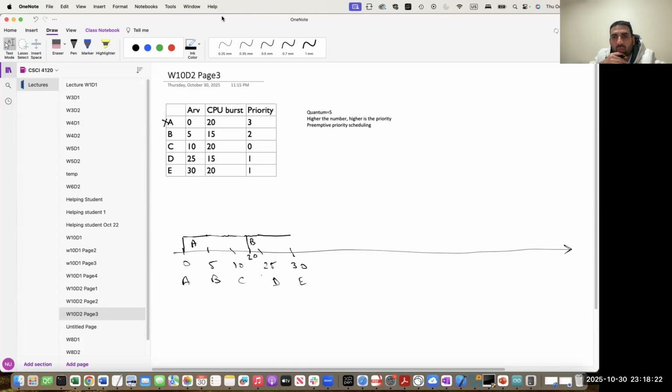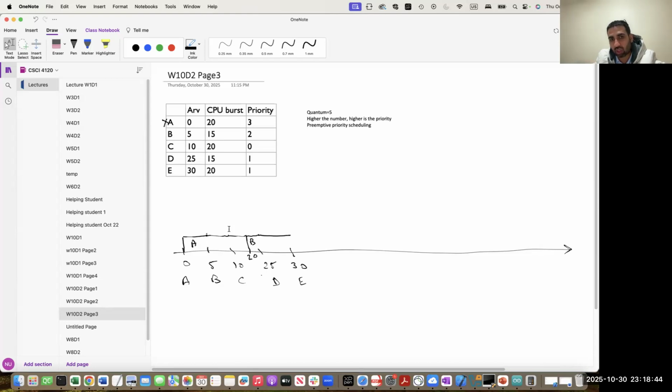For A, there won't be any bar every 5 time units, because the quantum of 5 only applies in a certain case. We schedule the processes using preemptive priority scheduling.